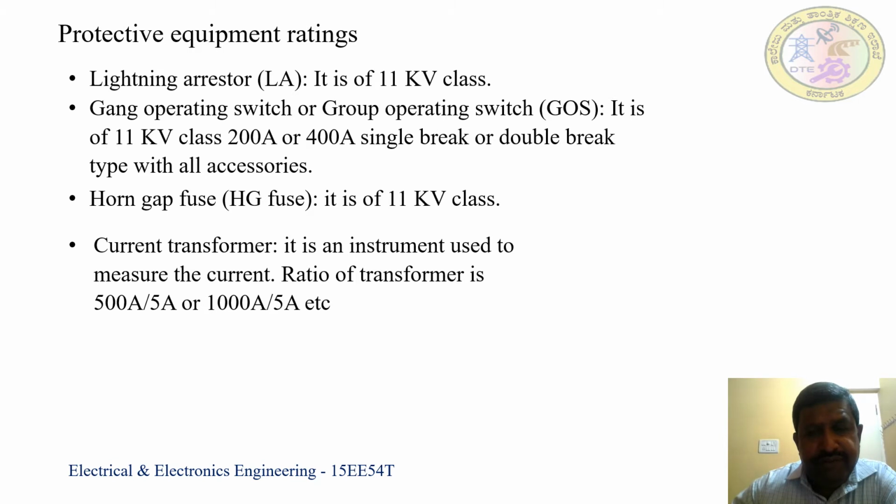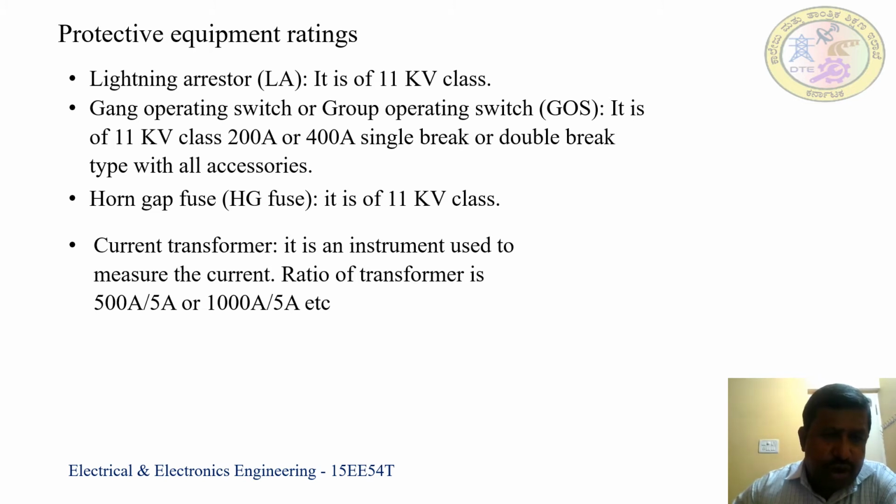It is of 11 kV class. Second one is gang operating switch or group operating switch. Short form is GOS. It is of 11 kV class. Then current rating is 200 amps or 400 amps. It is operating in single break or double break type with all accessories.